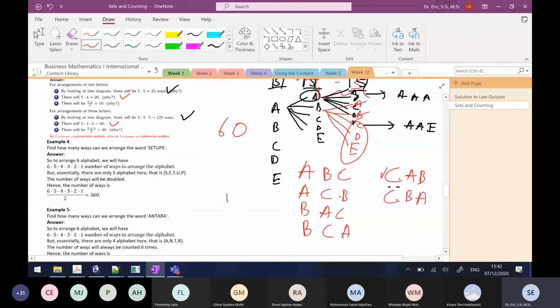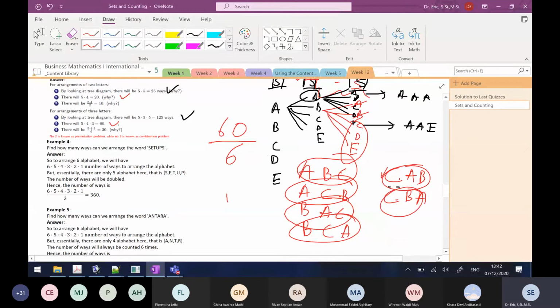Every combination is counted 6 times, so you have to divide by 6. On the first computation it is counted once, but on the second computation you counted it as 6 ways. So you have 5 times 4 times 3 divided by 6.